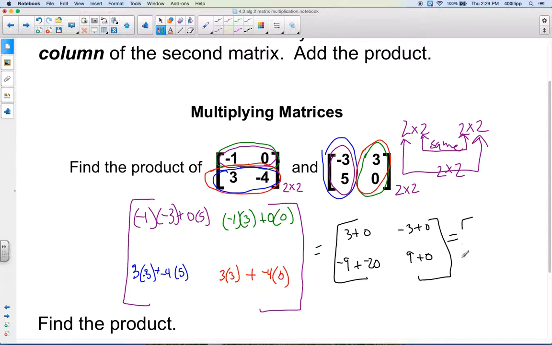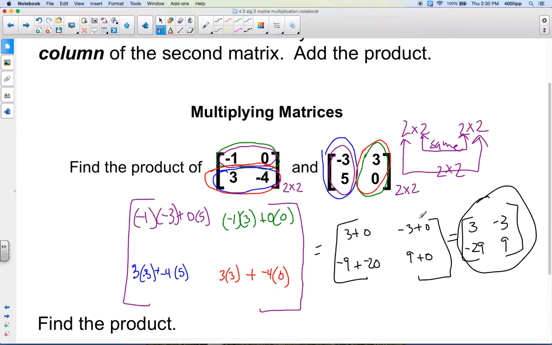So finally we get 3 plus 0 is a 3. -3 plus 0 is a -3. -9 plus -20 is a -29. And 9 plus 0 is 9. And here is our product matrix. We're going to see later on that if I switch the order of these, we're going to get something different from this here. And you guys can try that on your own if you want.